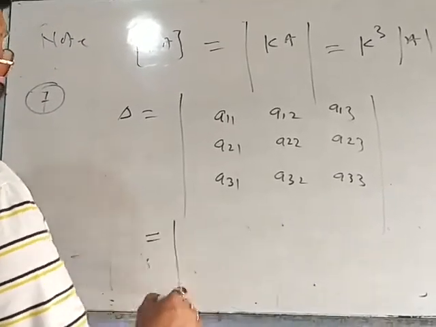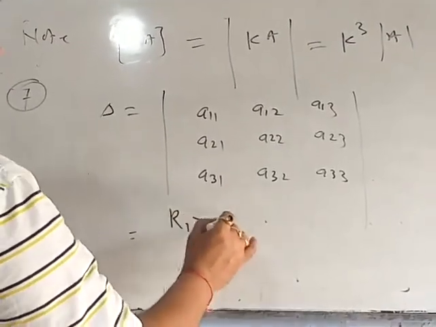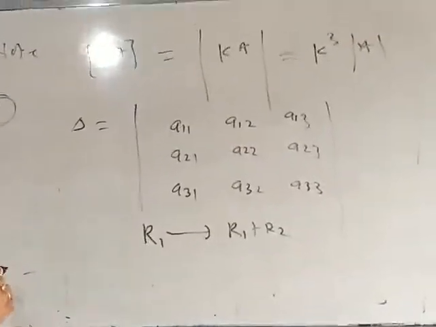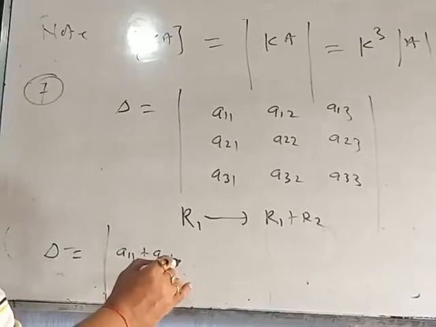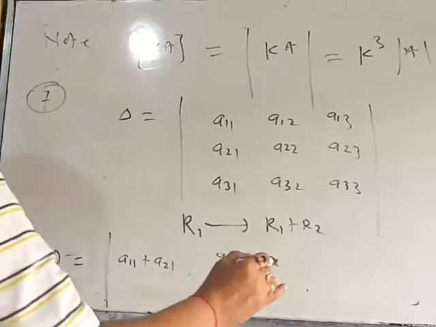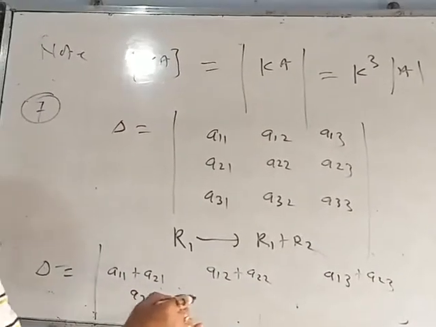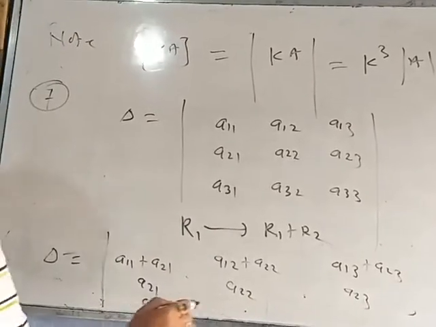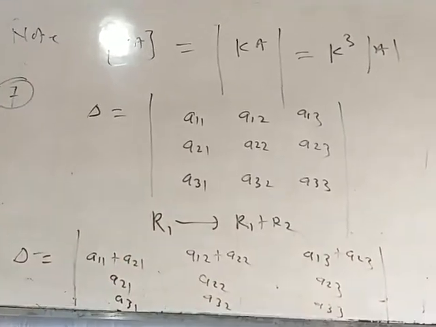We can write the operation R1 changes to R1 plus R2. So the determinant is equal to A11 plus A21, A12 plus A22, A13 plus A23, then A21, A22, A23, A31, A32, A33. We can do it in this way.